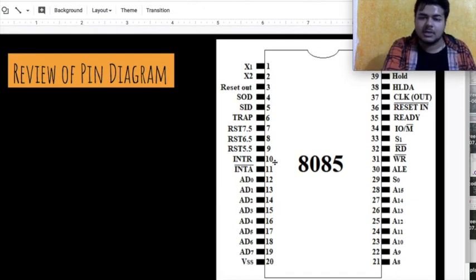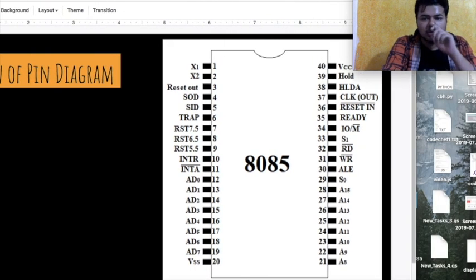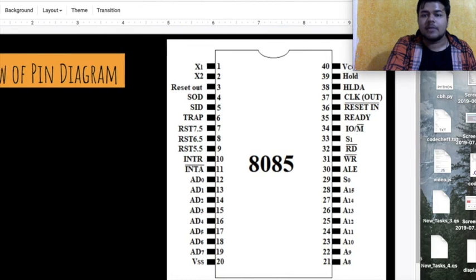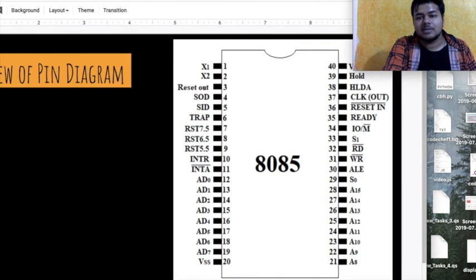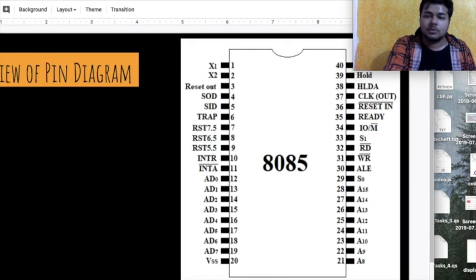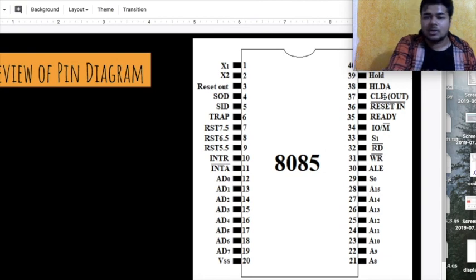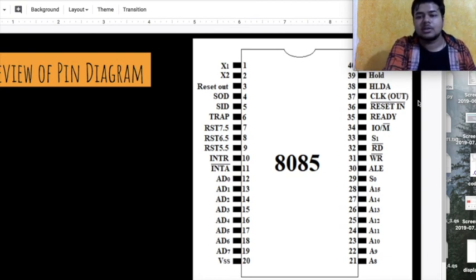If ALE is 1, these are containing address, else they are containing data. VSS and VCC, you are not able to see. VCC is used for power. HOLD and HLDA, as we have discussed, are used for direct memory access. Clock out is used in the timing and control circuit.